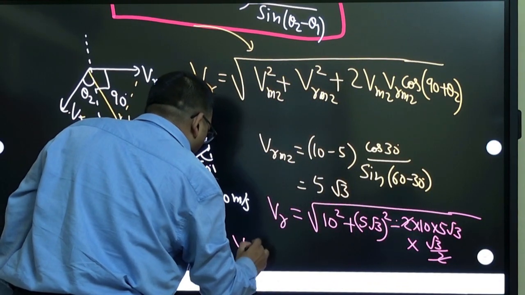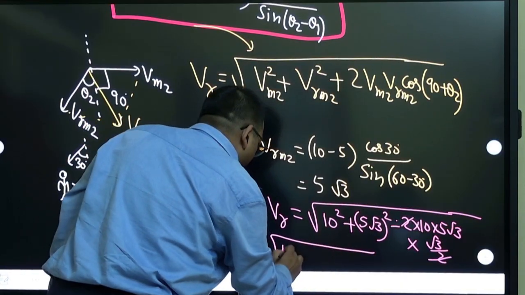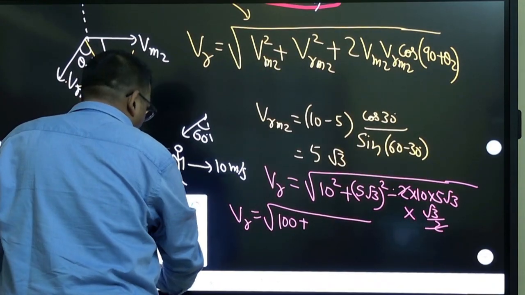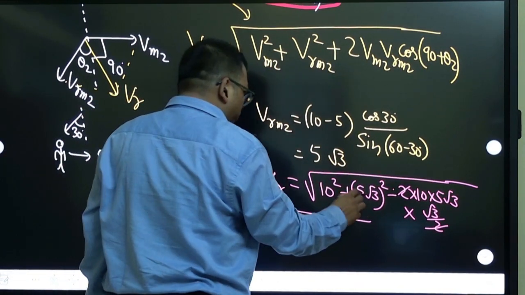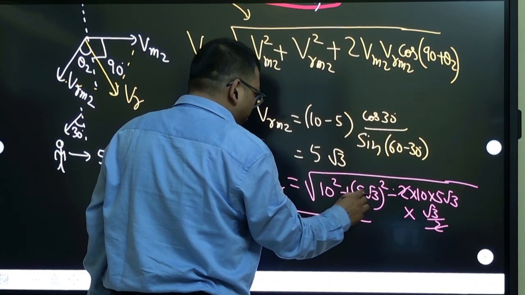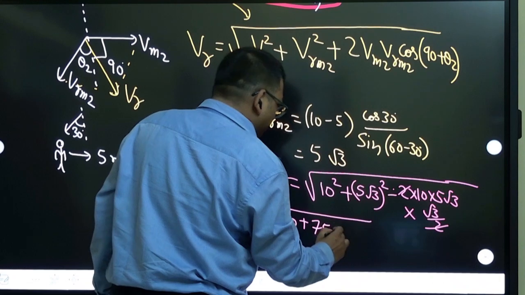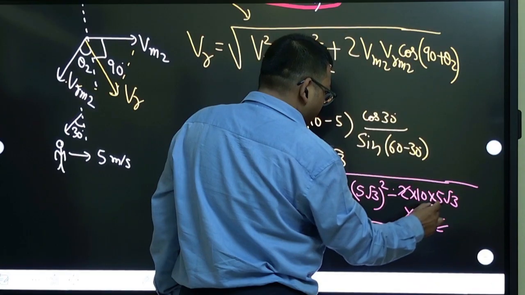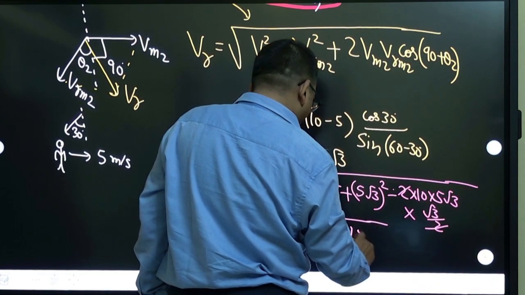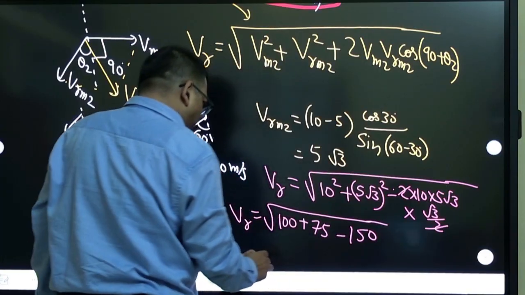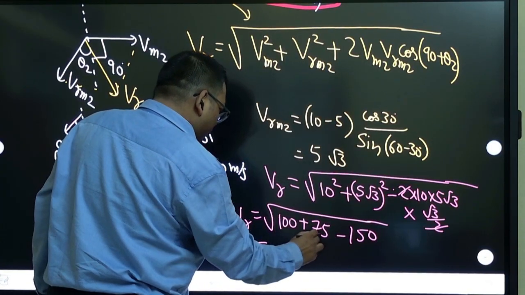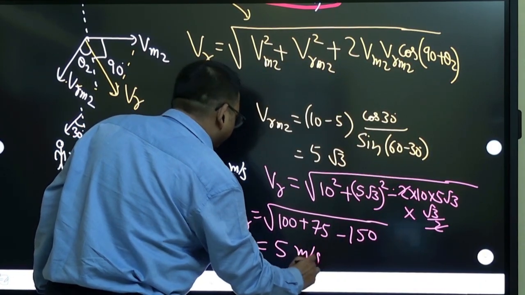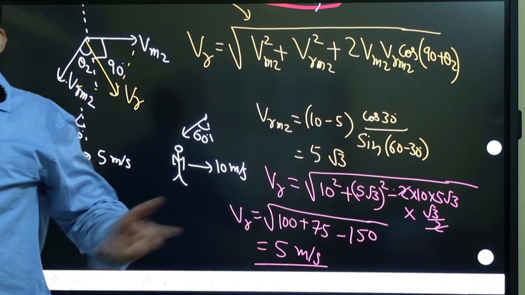So V, then you got the answer: root under 10 square is 100, plus 5 root 3 squared, 25 into 3, 75, minus 5 into 10, 50, 50 into 3, 150. So how much is it? 125, so 5 meters per second. This is the answer. See, fast calculation.